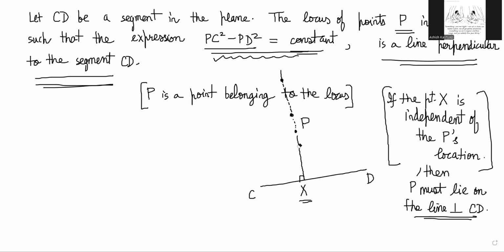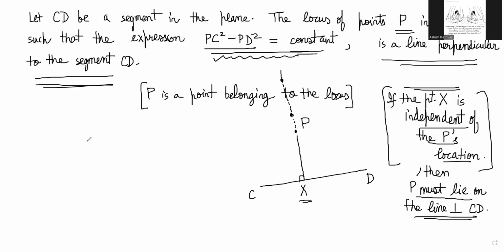First of all, it has to be a line and it has to be perpendicular to CD. Do you understand what I'm saying? So, if the point X is independent of P's location, then P must lie on the line perpendicular to CD. That's what we are saying, right?